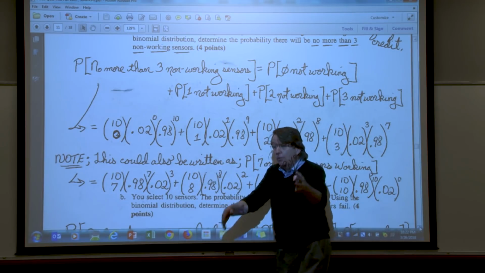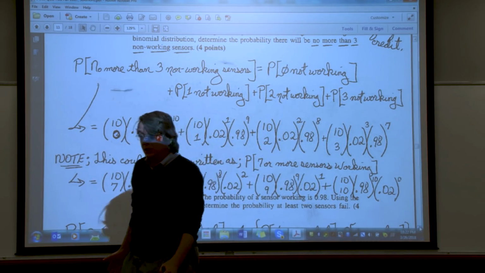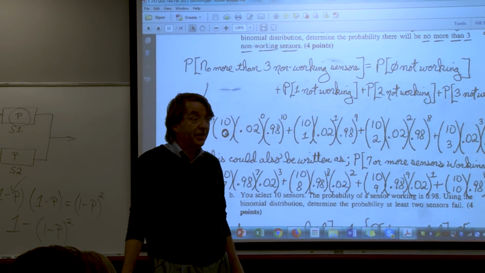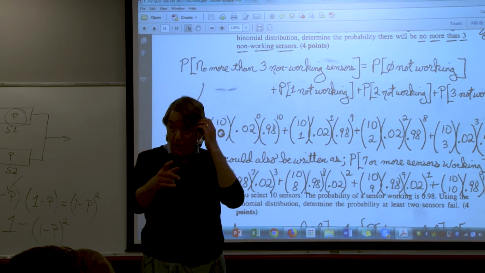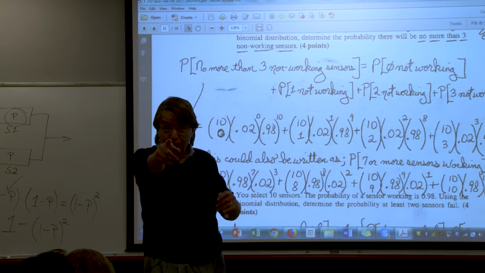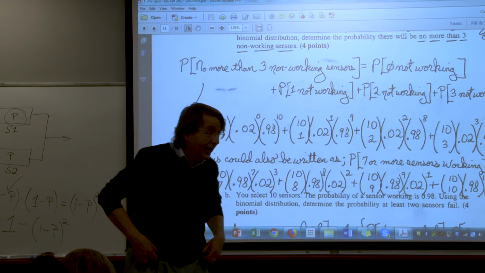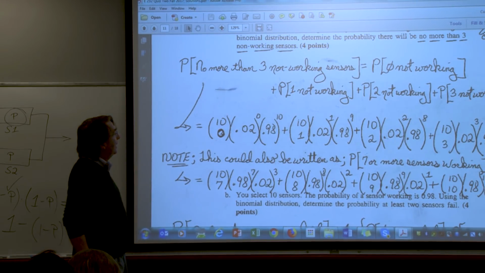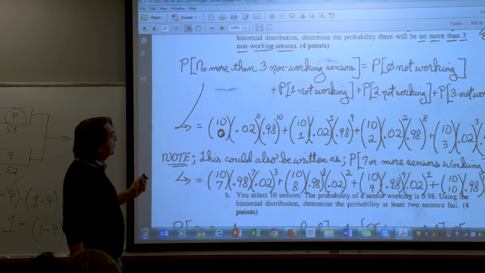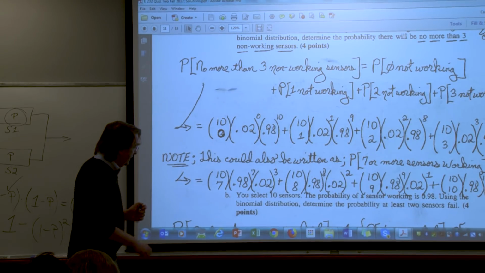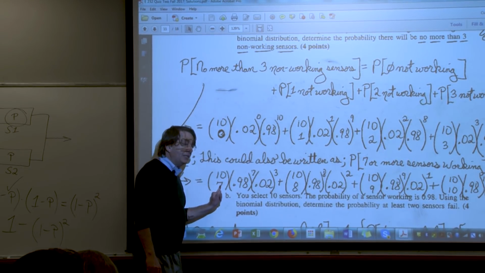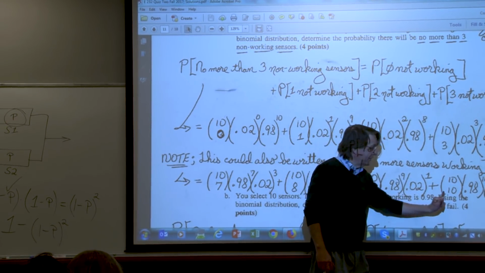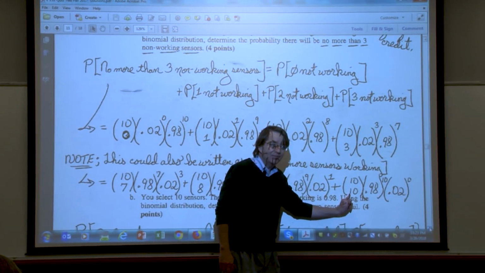Now, we have close to, I think it's around 330 colleagues in the sum total of sections A, B, and C. So I know out there somewhere, in the archive land, there are some people who see this problem differently. They say no more than 3 non-working sensors means there's at least 7 or 8 or 9 or 10 sensors working.